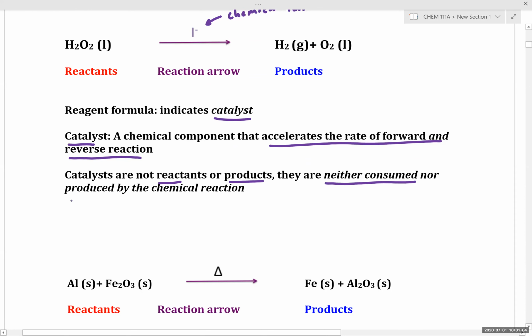Instead of 4 to 4 to 2, it should be 2 to 2 to 1. Exactly. So writing out our modified equation, we have 2H2O leads to 2H2 plus O2. And this would be a proper balanced chemical equation with the smallest possible set of reaction coefficients.